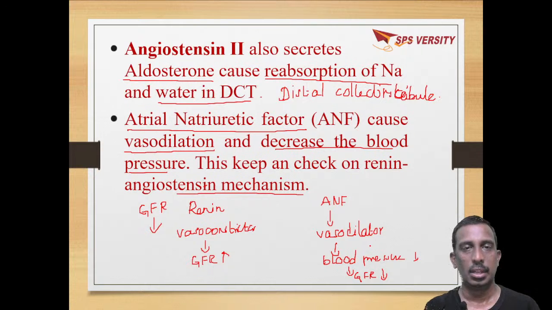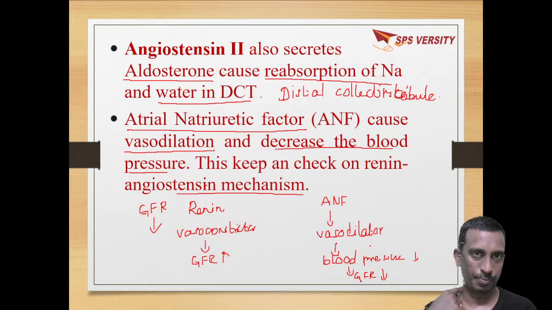Next, the renin and angiotensin 2 mechanism: the juxtaglomerular cells will release renin, which will convert angiotensinogen into angiotensin 1 and later angiotensin 2, which is a vasoconstrictor, so it will increase the blood pressure so that the GFR comes to normal.